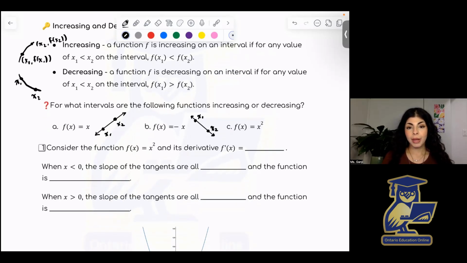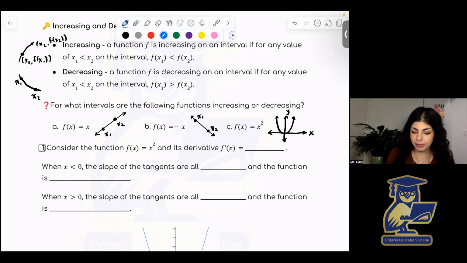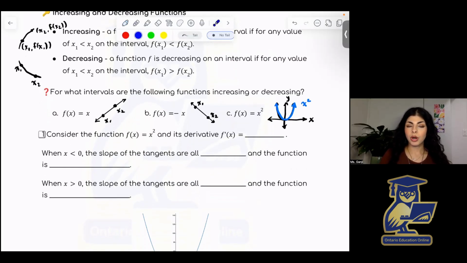Now our parent function for the quadratic, f of x is equal to x squared, which looks like this on our x and y axes. This is x squared. And so for this one, let's actually work on it together.